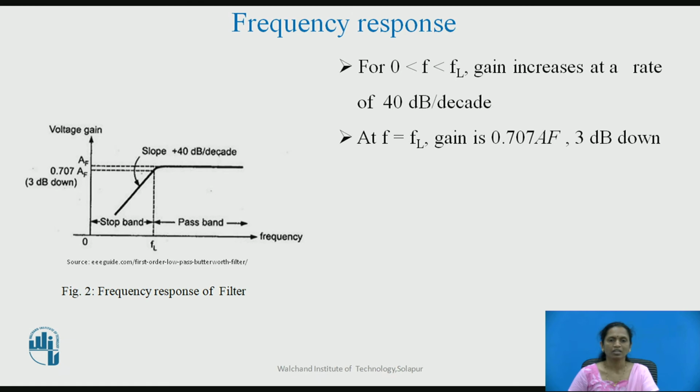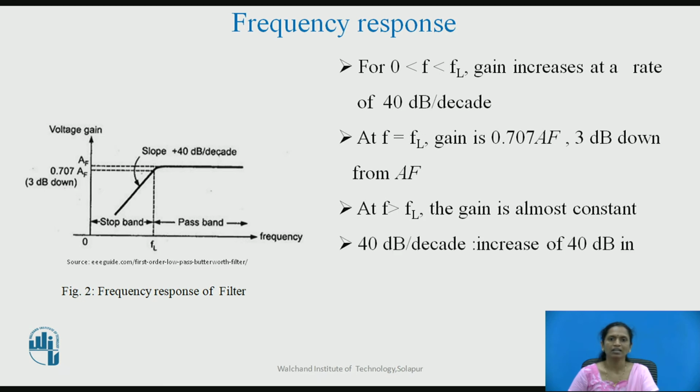At FL the gain is 0.707 times AF, and when the frequency is greater than that, it is almost constant. When we say 40 dB per decade, it means the gain increases by 40 dB over a range of 10 times the frequency. Suppose my frequency is 10 Hertz and the next decade is 100 Hertz. Between 10 and 100, I will get a slope of 40 dB per decade.